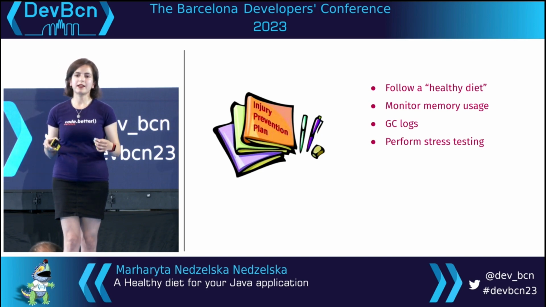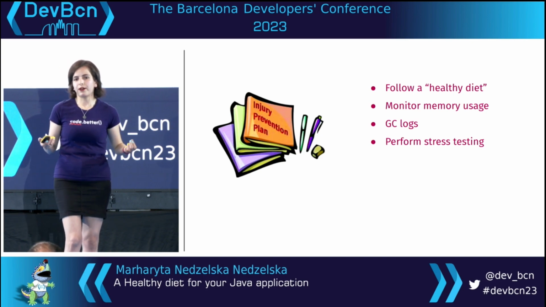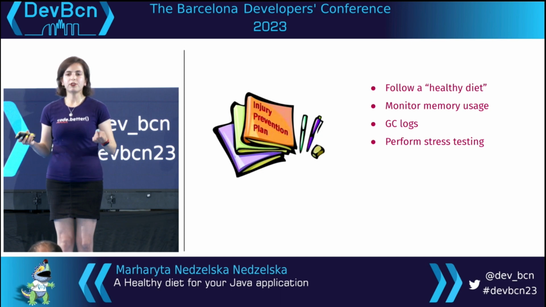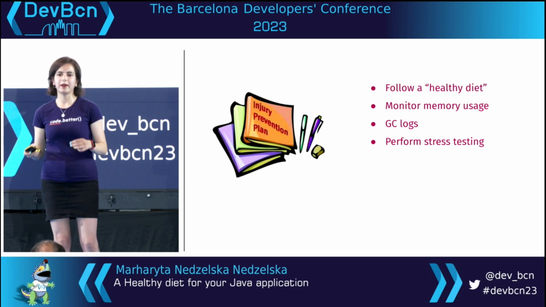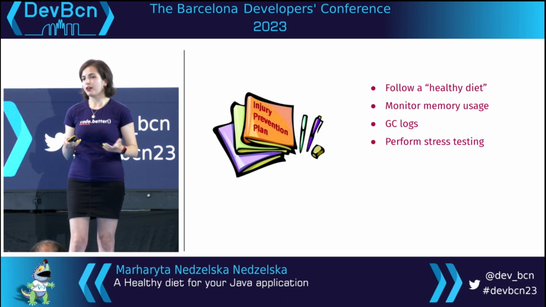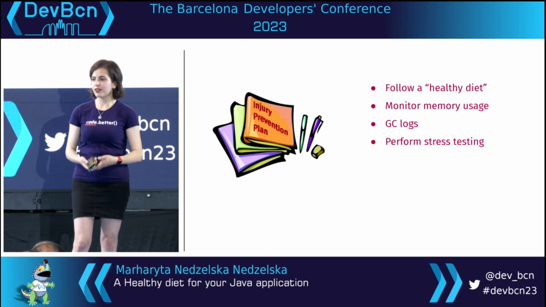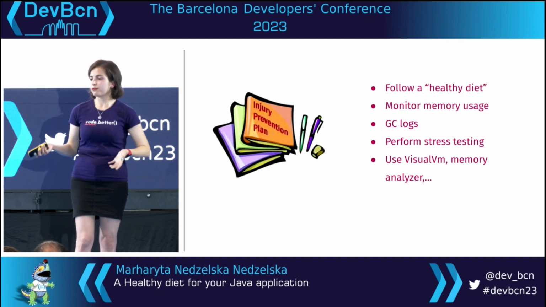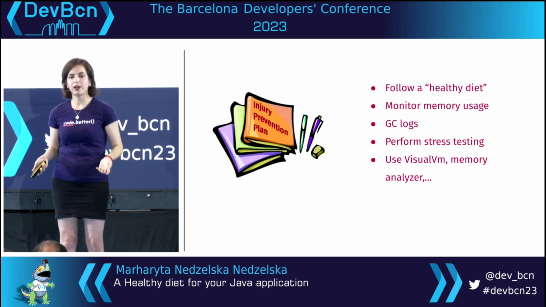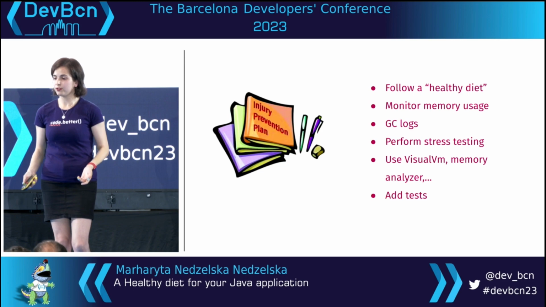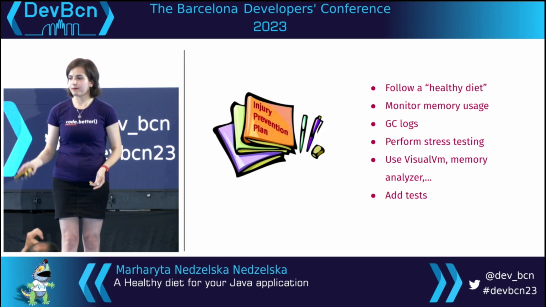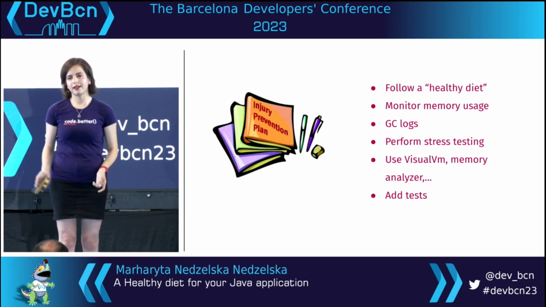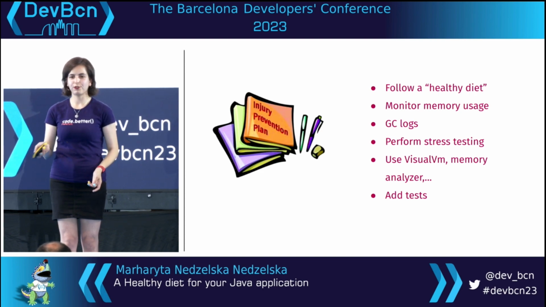For example, analyzing OpenJDK, which is one of the biggest Java projects, is sort of a stress test for our analyzer, so we can find some paths that are not executed on other projects, so we can understand it better. Use tools like Visual Memory Analyzer, and some other tools, and add tests. How can we actually add tests about memory? Are you curious about this?